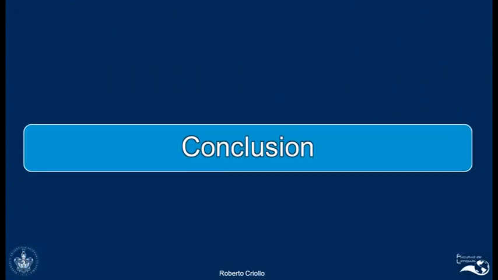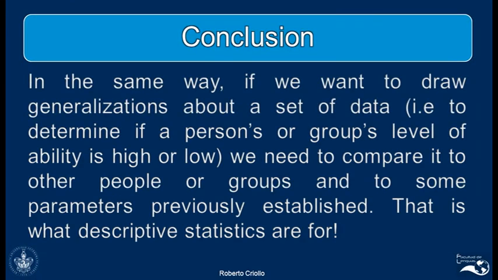So, this is the basic set of descriptive statistics. And the only thing that I have left to say is that in the same way that we drew generalizations about Napoleon's height, based on the statistical analysis of a sample of world leaders, we can do the same thing about any set of data. In other words, we can determine if a person's or group's level of ability is high or low.